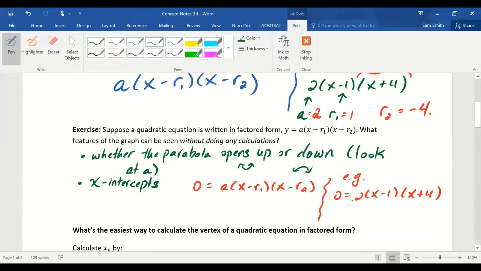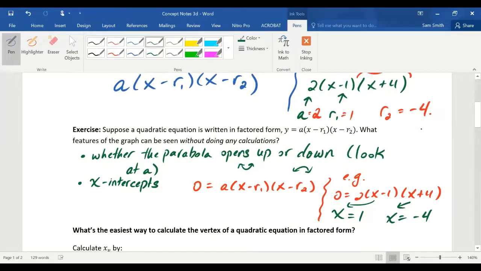The first factor will never be 0, but the second factor would be 0 so long as x is positive 1, so long as x is equal to R1. And the factor in the back would be 0 if only x were negative 4, if only x were equal to R2. And this is true in general.